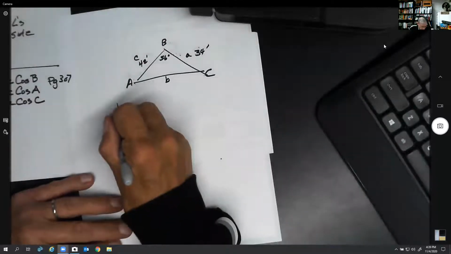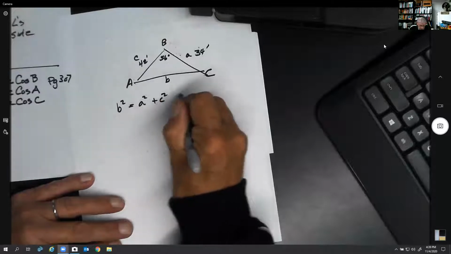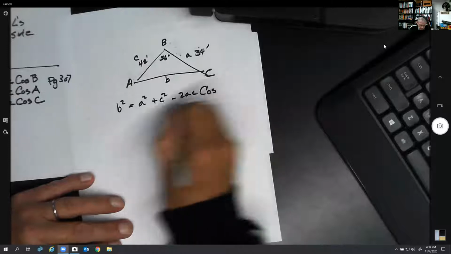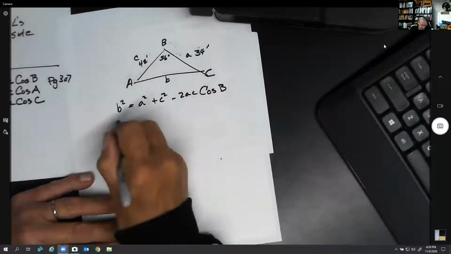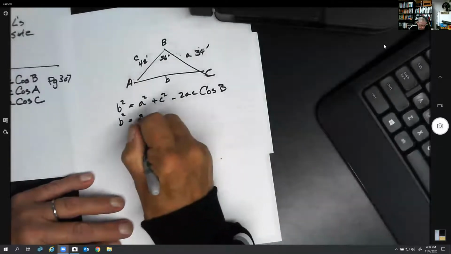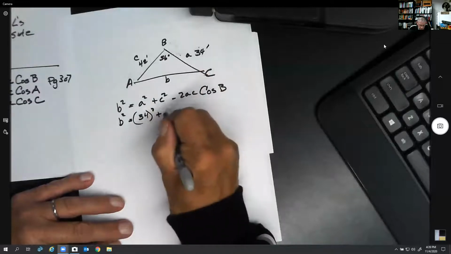So let's start with our formula. B squared equals A squared plus C squared minus 2AC times cosine of B. And let's substitute in. A is what? 34 squared plus C is 42 squared.